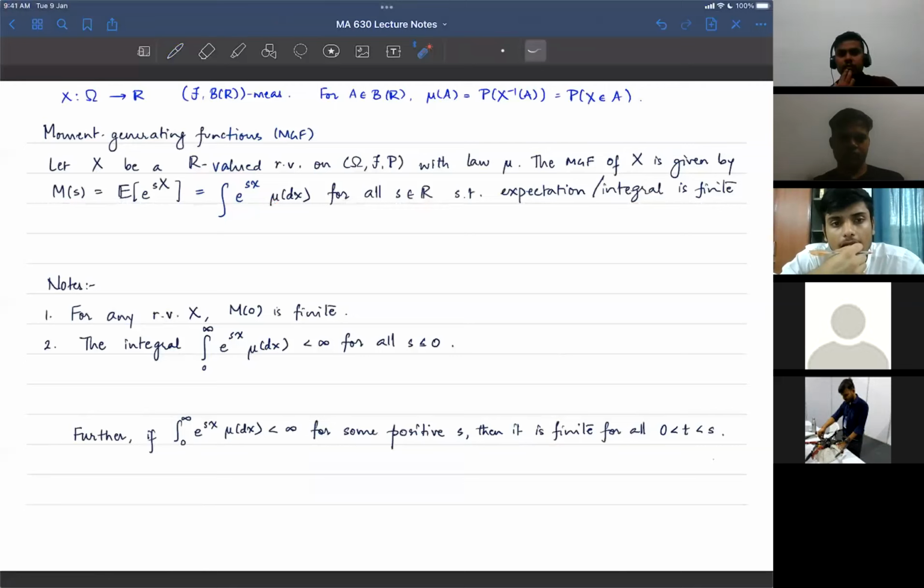Anita? Ayush Anand? This is the basic change of variable formula, right? What did we do a few, I don't know, maybe 1 or 2 lectures back?